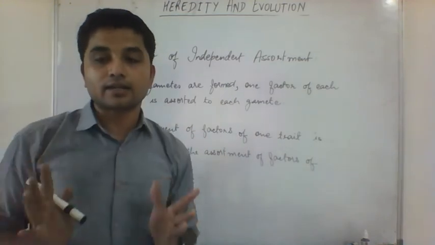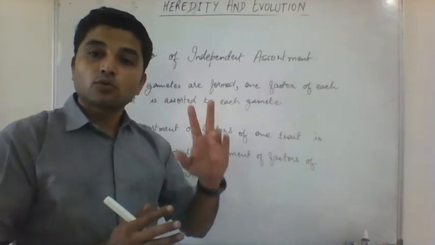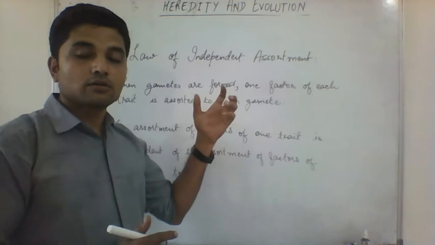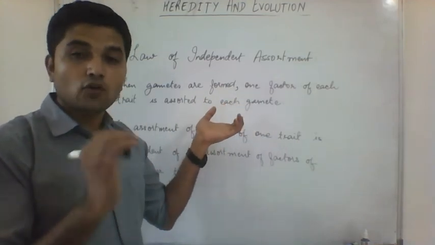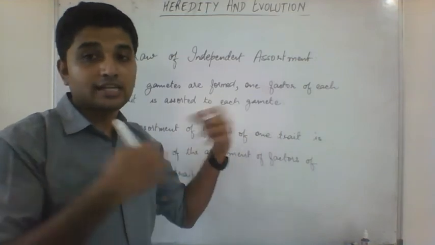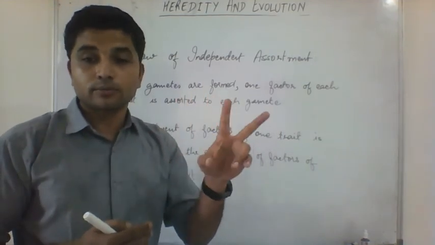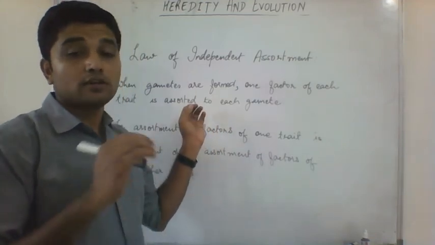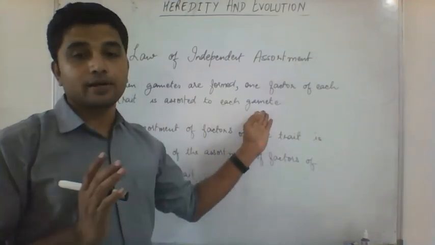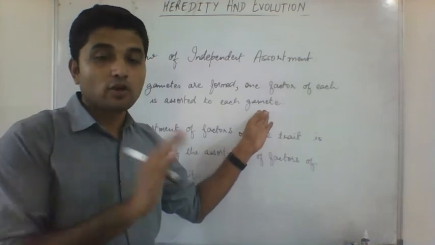If you have 100 characters, the gamete will have only 100 factors, that means one factor from each trait. Each character is coded by 2 factors, I told you earlier also, and one factor for each trait will be passed on into the gamete. That is during gamete formation.